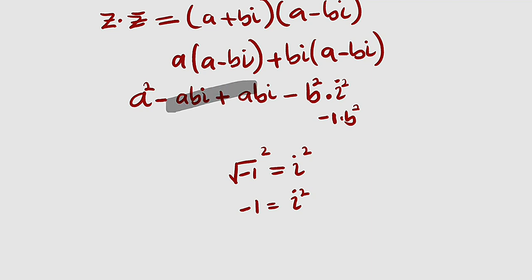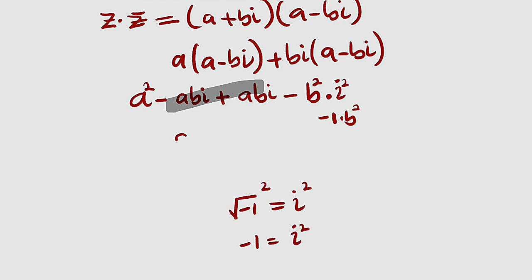If you observe, this will cancel this, because one is positive and the other is negative. So if we simplify, we have A squared plus the last term, which is just B squared. You can see both A and B are real numbers. Therefore, the whole of this is a real number. So a complex number, if multiplied by its conjugate, gives just a real number.